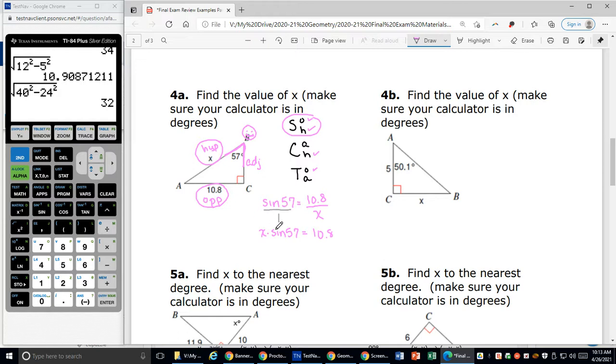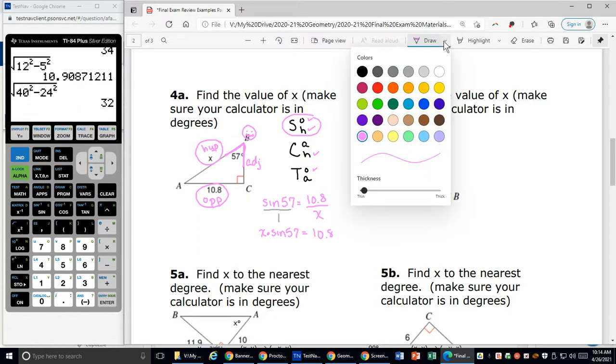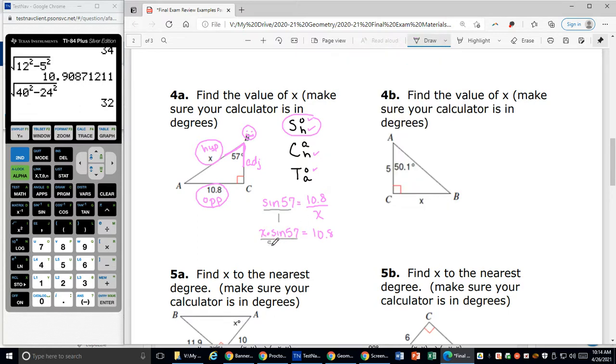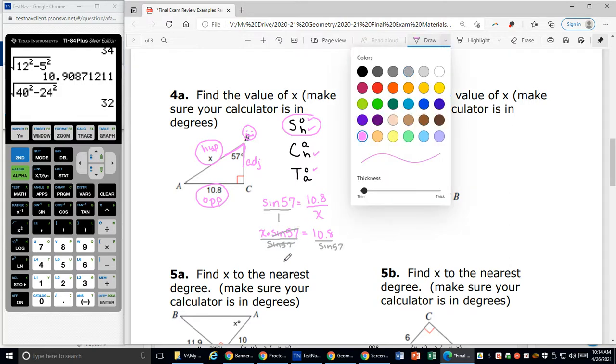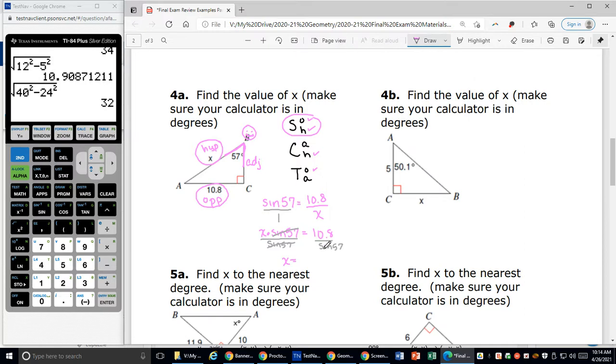Okay, then I don't have x equals, I have x times. The opposite of times is dividing, so I need to divide out that sine of 57. So x equals 10.8 divided by the sine of 57.